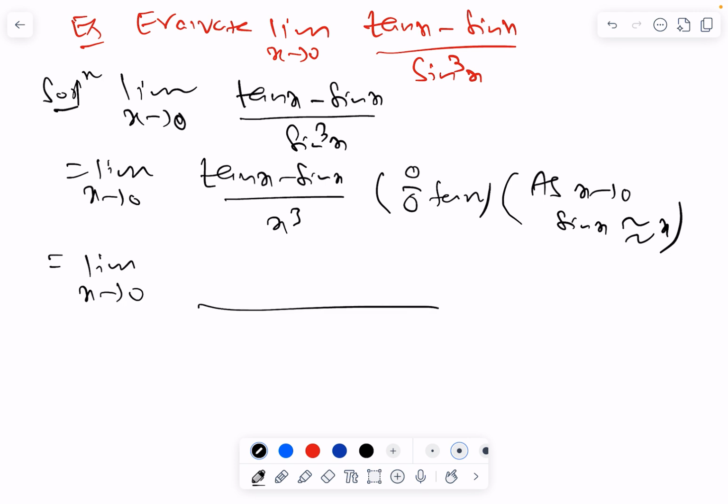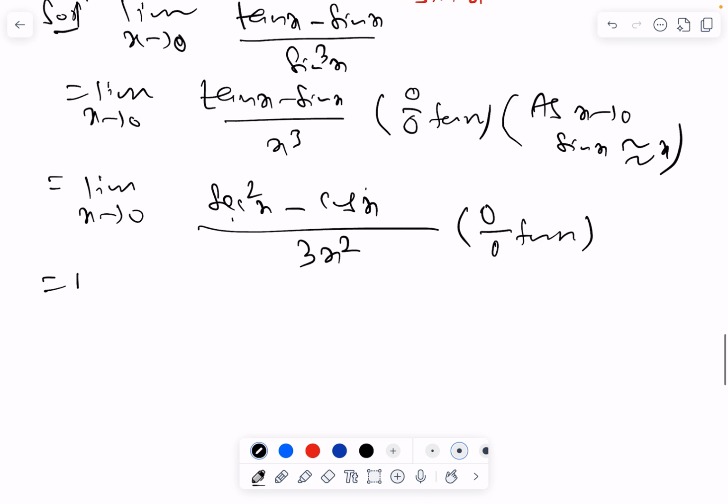Derivative of tan x is sec square x. Derivative of sin x is cosine x. And this is 3x square. Sec 0 is 1, cosine 0 is 1, 1 minus 1 is 0. So this is 0 by 0.